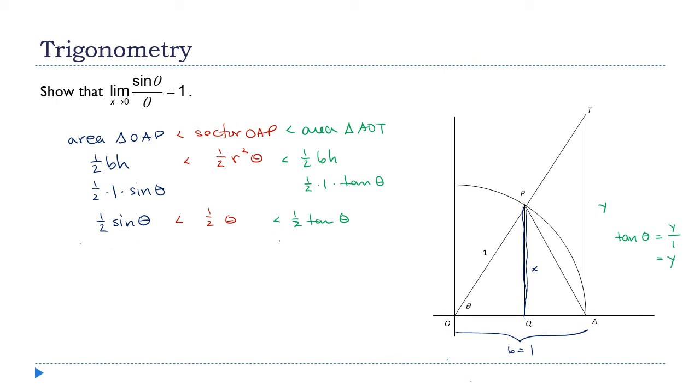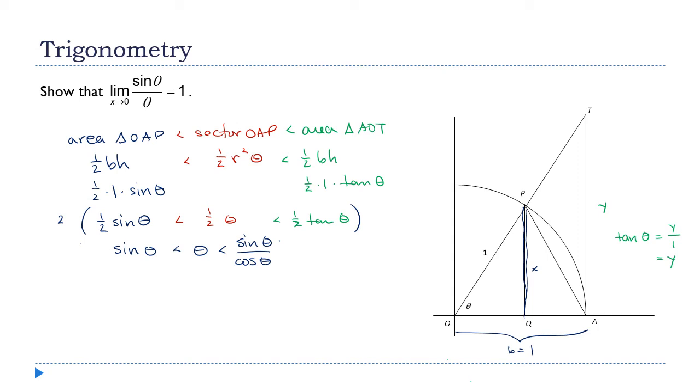So let's multiply everything by 2, and this becomes sine theta is less than theta is less than, I'm going to make one change here. Tangent of theta is sine theta over cosine theta, right?